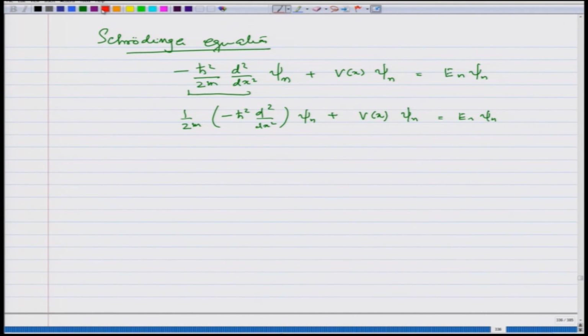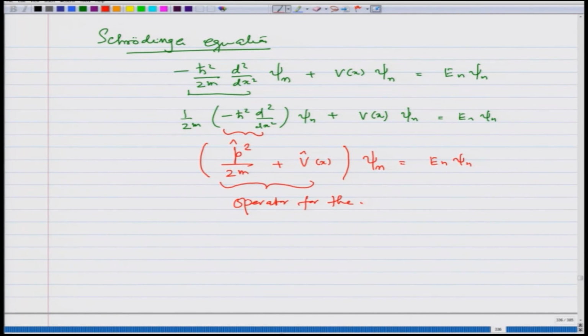In operator language, this is p square. So, it will become p square operator divided by 2m plus V operator, which is a multiplicative operator, acting on psi n gives me E n psi n. And what is this? P square over 2m plus V(x) is like an operator for the energy. So, the operator for the energy acting on the wave function gives me the energy.